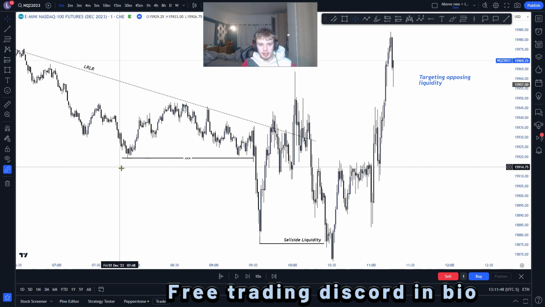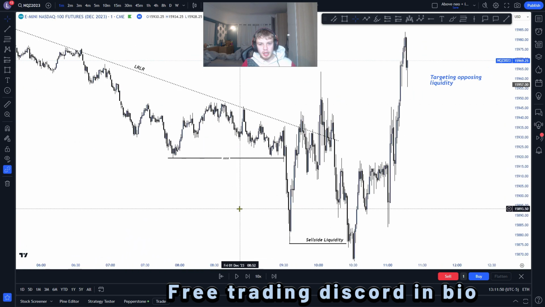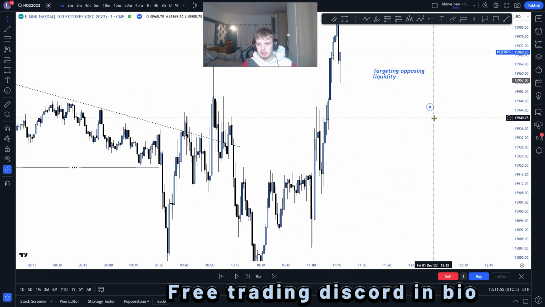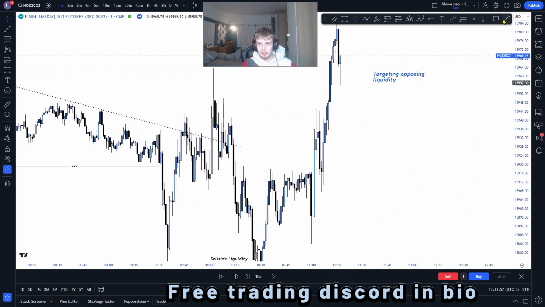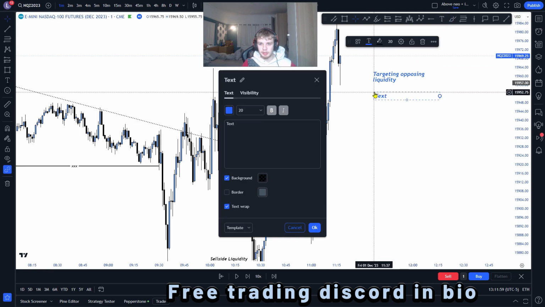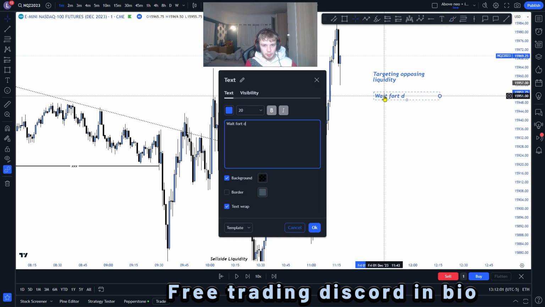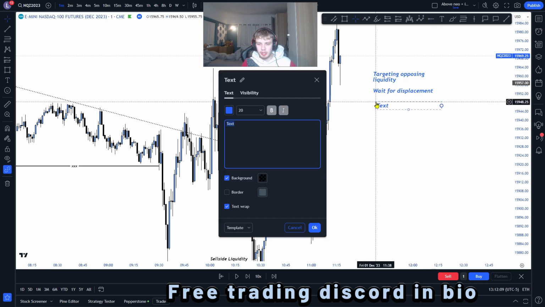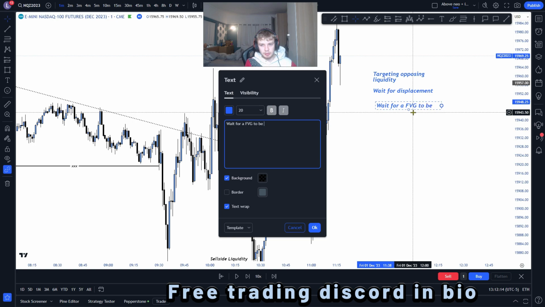So if we are in a downtrend, the Silver Bullet is going to be long, and if we are in a small uptrend, the Silver Bullet will be a short. And the second step is you want to wait for displacement. The third step is you want to enter off of a fair value gap. So you wait for a fair value gap to be created for entry.